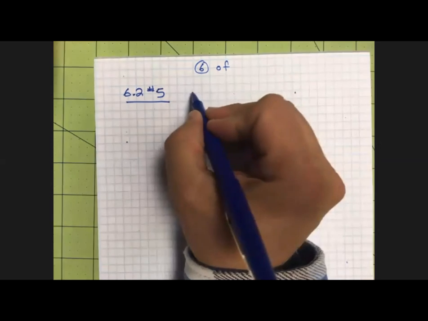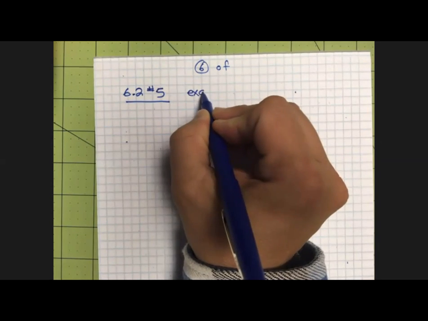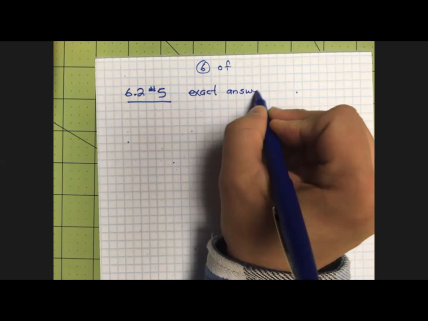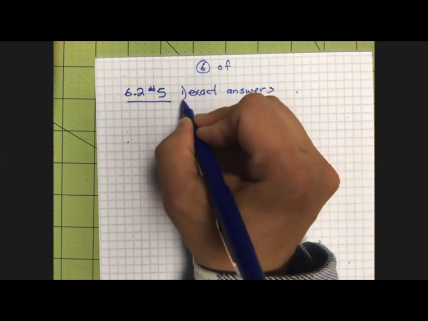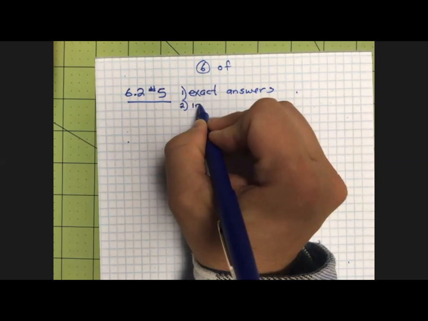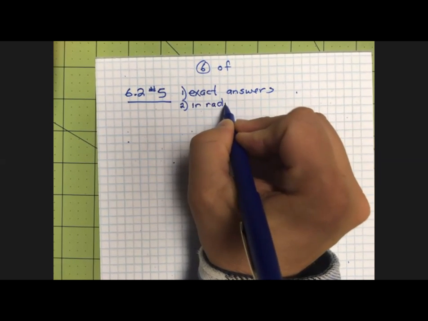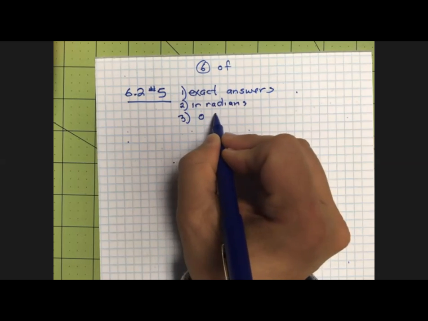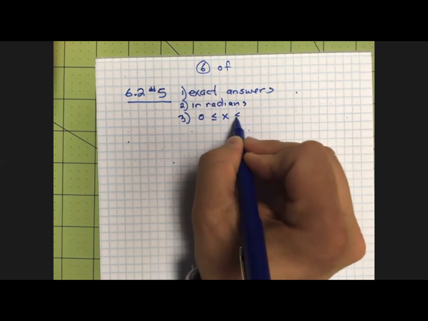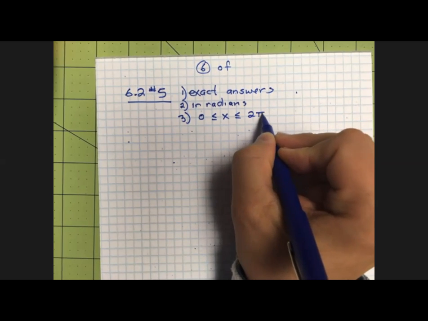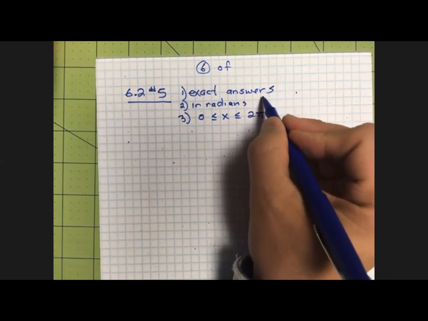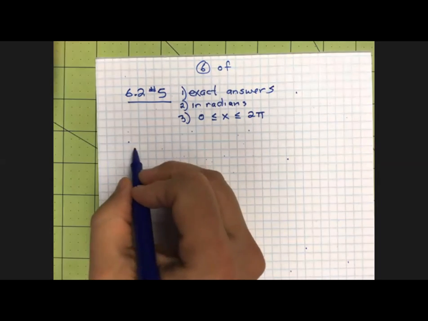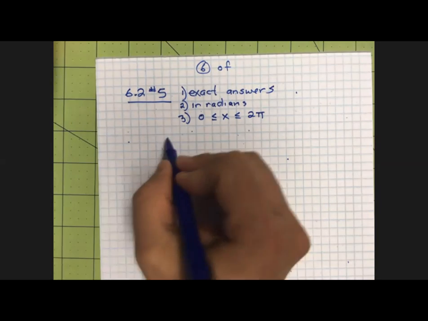So in this problem, since I'm using x, you want exact answers in radians. Zero to 2 pi. When you do a problem, check off exactly how they want the answer presented. 4 sine x minus 2 cosecant x.